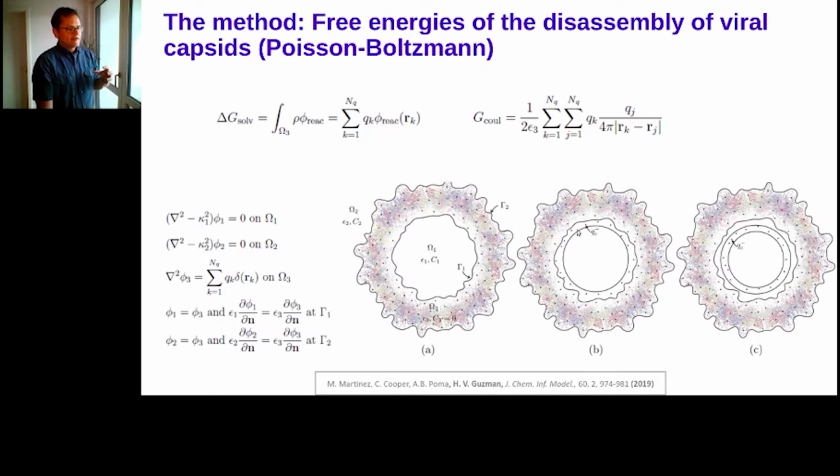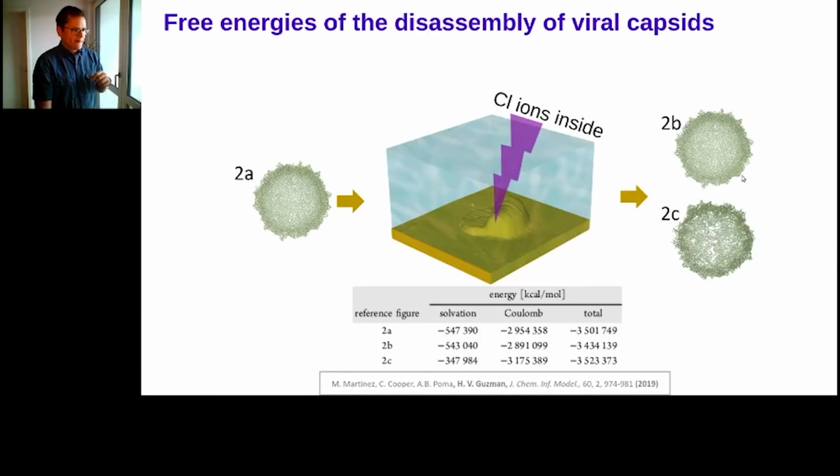Then in scenario B we have a compact structure as well, but already with negative charges inside the capsid. And then in scenario C we have the initial disassembled structure of the capsid with negative charges inside as well.